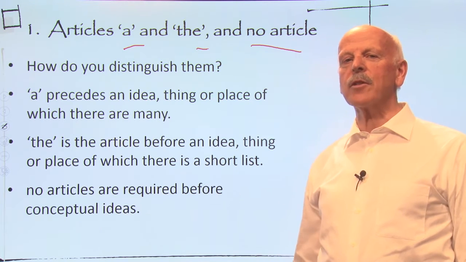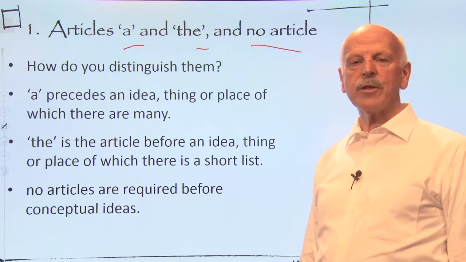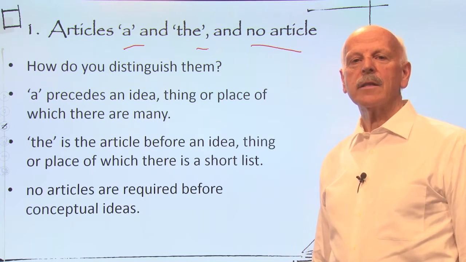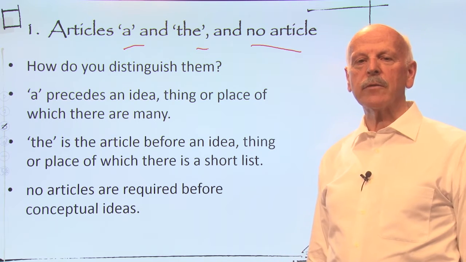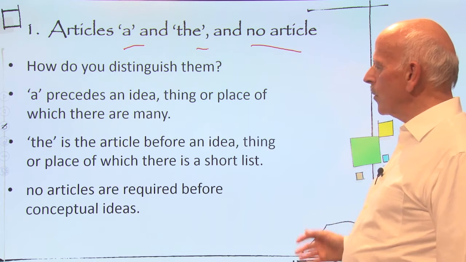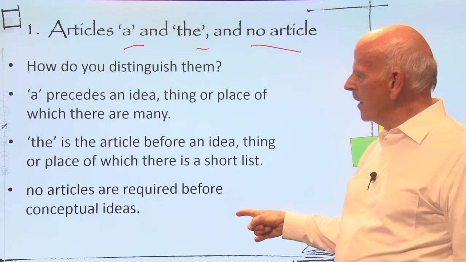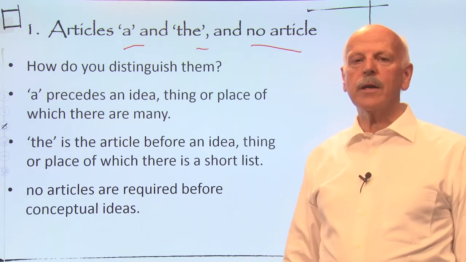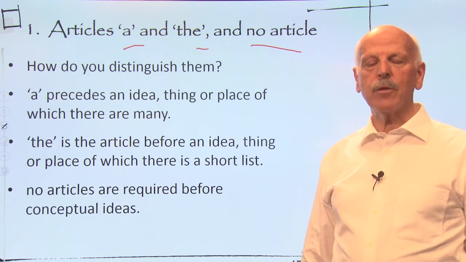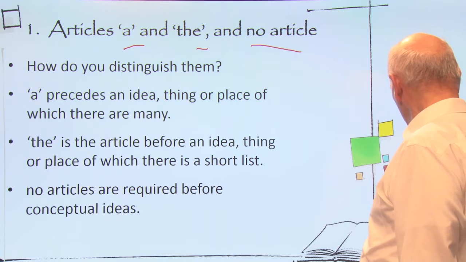Maybe in the same lecture theatre there will be an overhead projector, a desk for the lecturer, and maybe some other piece of equipment, a screen. So a short list. And finally, no article is required for conceptual ideas. And we'll look at some examples of each of these three.